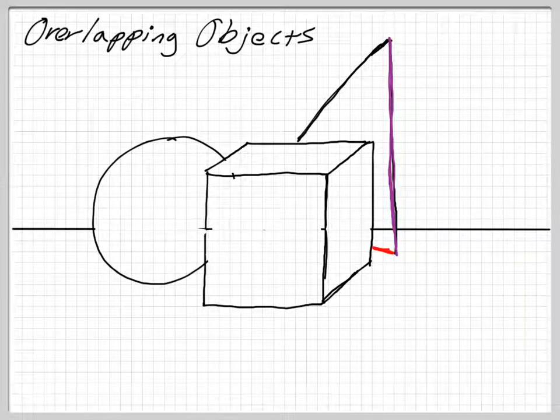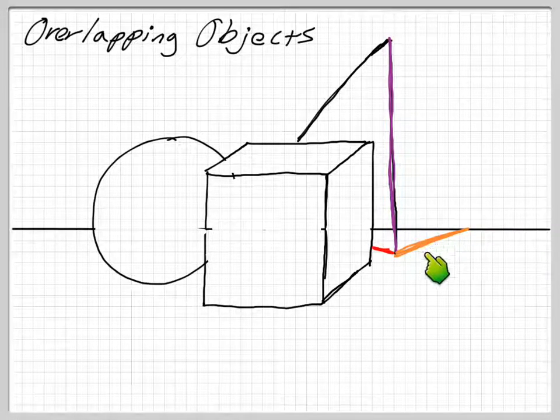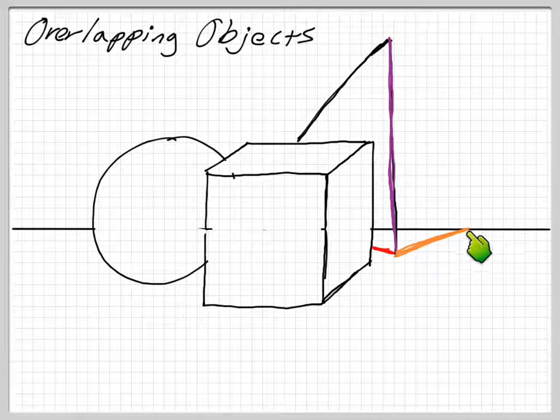We're not going to draw through the cube because that will make it look transparent, and that's not what we're going for. And then another diagonal, which is going to sit right on top of your ground line. So I made this diagonal going back and sitting right on the ground line, so it will actually make the pyramid look like it's sitting on the ground line.